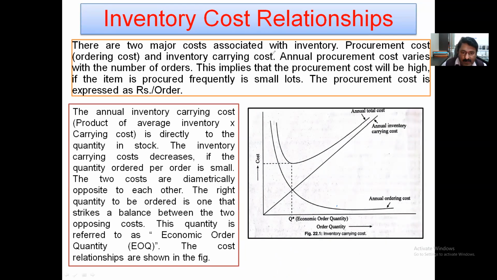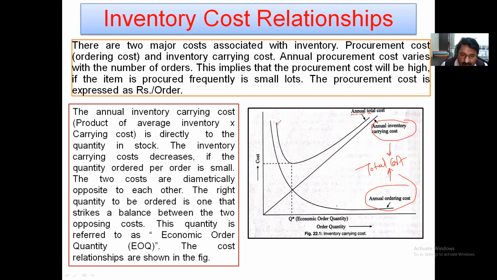Here is the annual total cost. Consider the annual ordering cost and the annual inventory cost, and by considering both, the total cost is calculated.